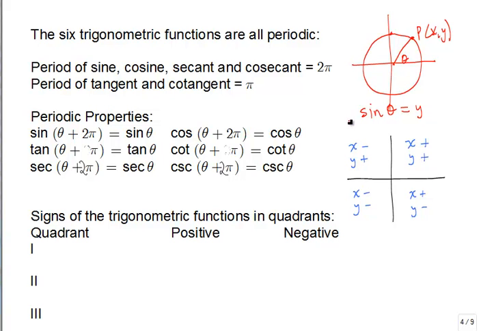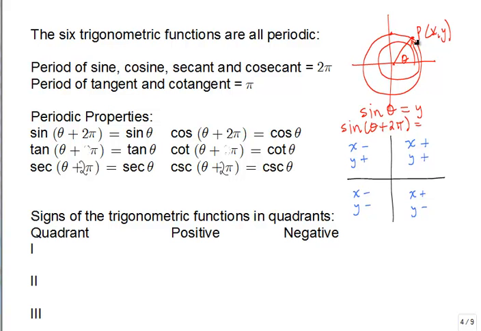So what would happen if we looked at the sine of theta plus 2 pi? Well, that angle would be this angle theta plus a full revolution going around. So if we go all the way around 2 pi plus our theta, look at where it lands us.